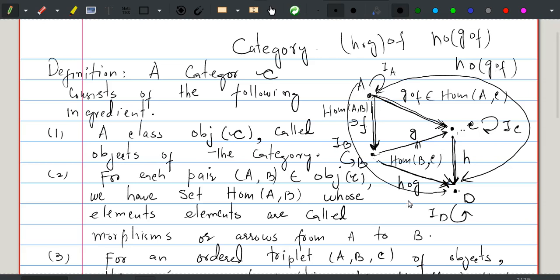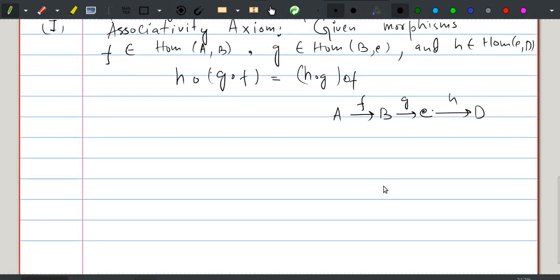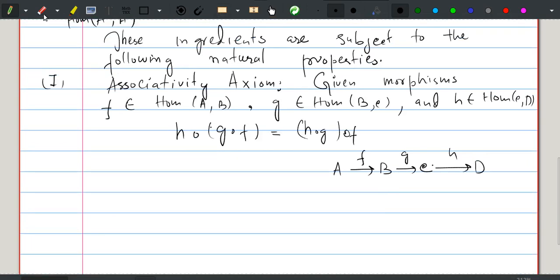This is first you go via F and then go via H or G. So these two things should coincide.